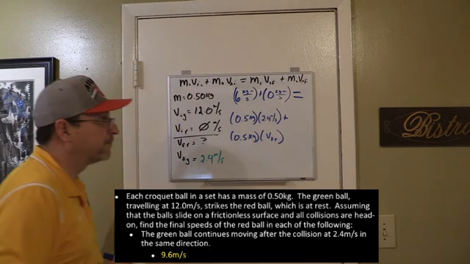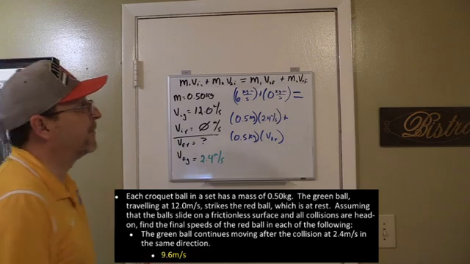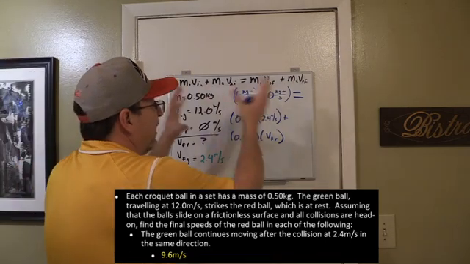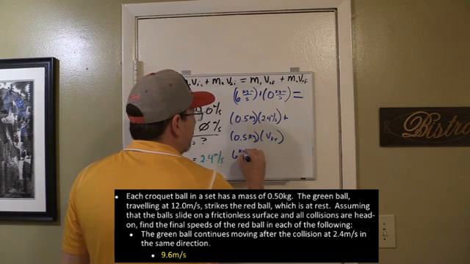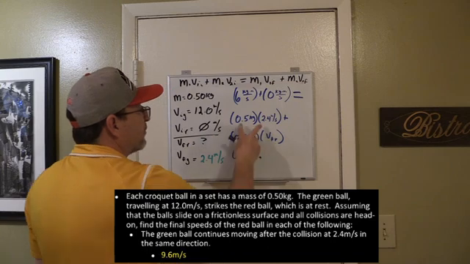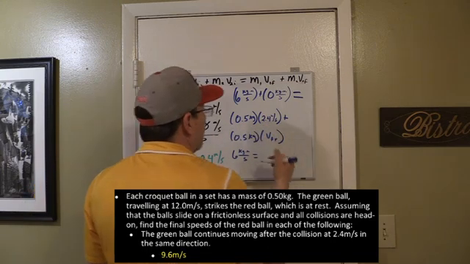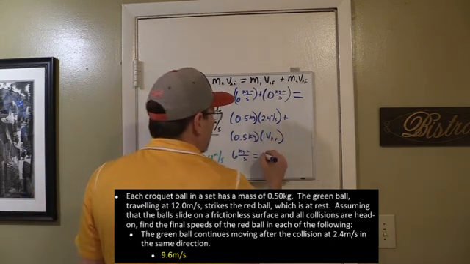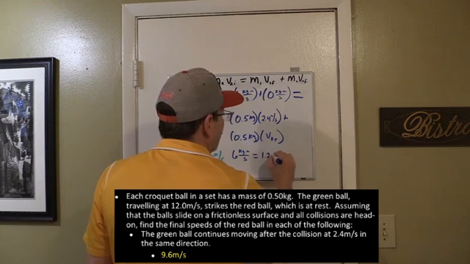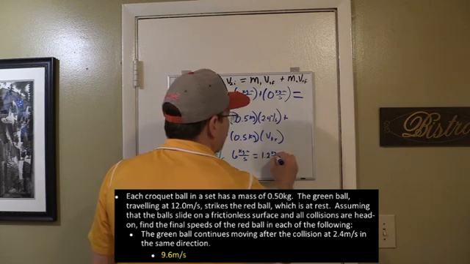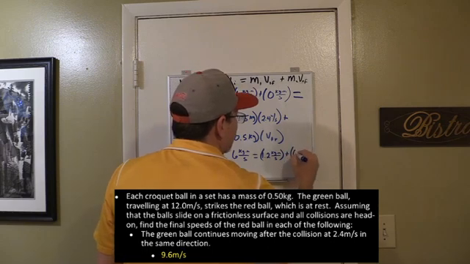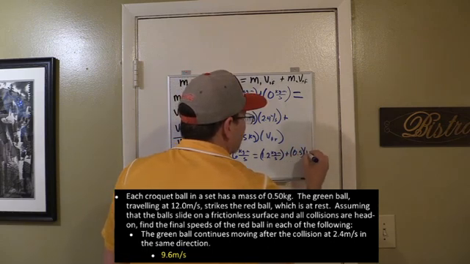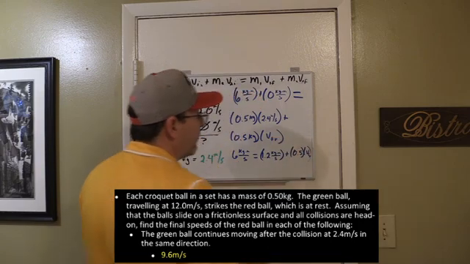I don't know that. Okay, I'm going to go ahead and consolidate up what I can. That's going to be 6 is equal to 0.5 times 2.4. So that's going to be 1.2 kilogram meters per second plus 0.5 times velocity final of the red.